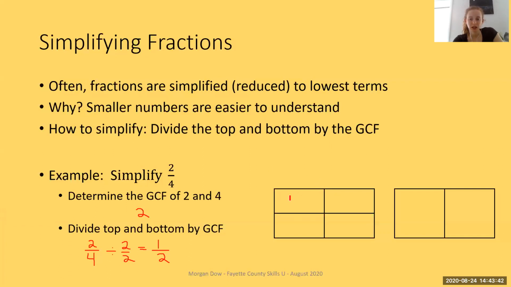So let's look at the first one. This first big rectangle is cut up into 4 equal parts. And so we started out this problem by talking about 2 of those 4 parts, 2 out of 4. So there's 1, and there's another one.